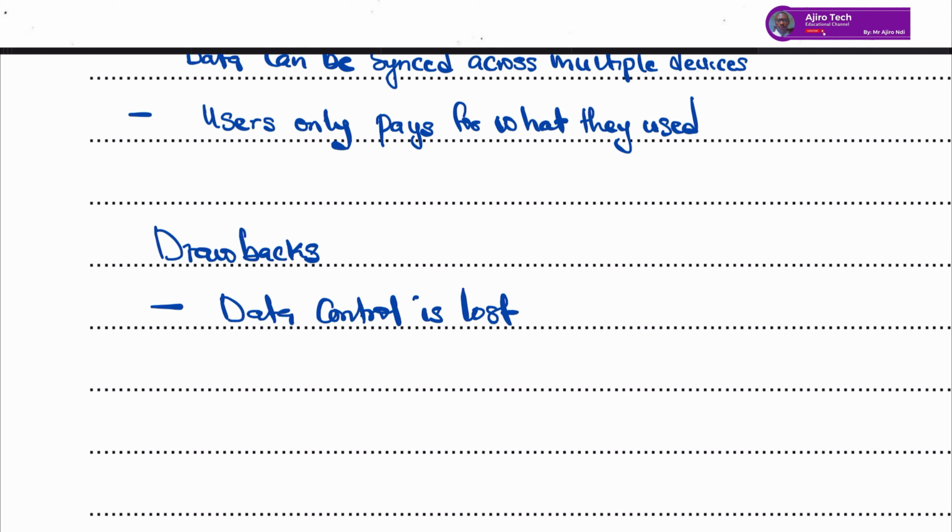The whole idea is to ensure that when it's time for maintenance and repairs, you can always access your files. However, this is a concern because it simply means that your files are distributed across multiple servers. So the data control is lost. You don't literally have control of your files because the cloud providers can have access to them if they want.